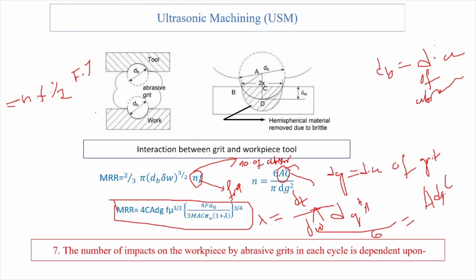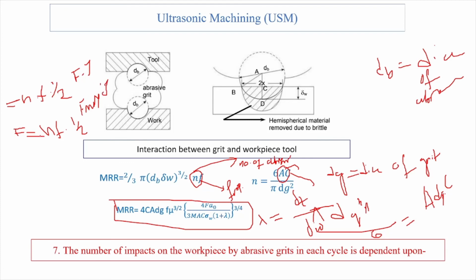If we consider those parameters, we can calculate the total force while machining. Tau is the time period. If the tool is being forced with the downfeed force F, then F equals N into half F max, the maximum indentation force, into tau.